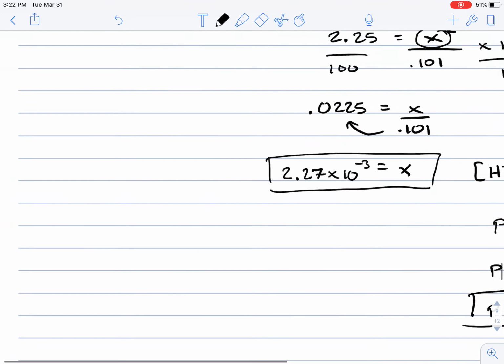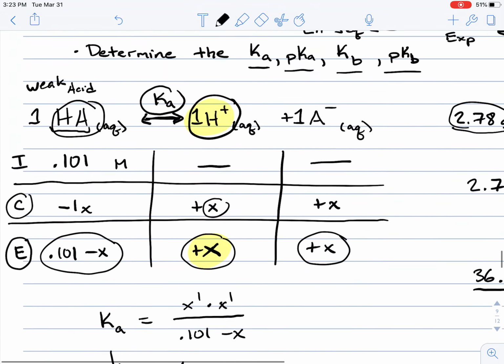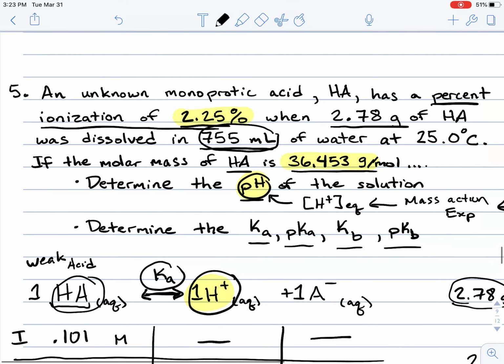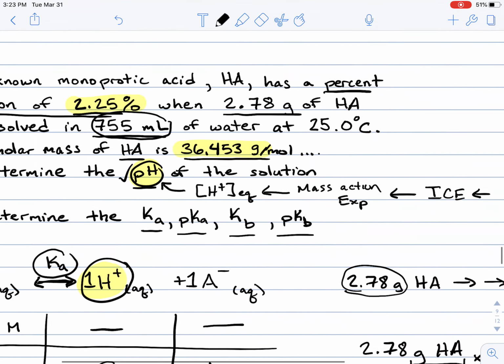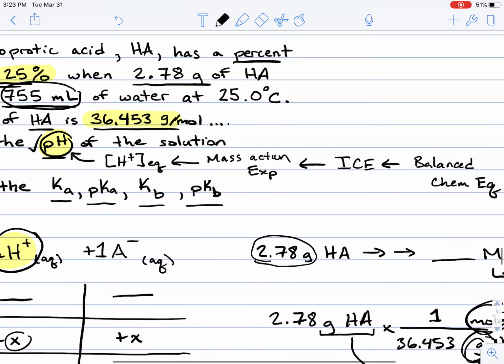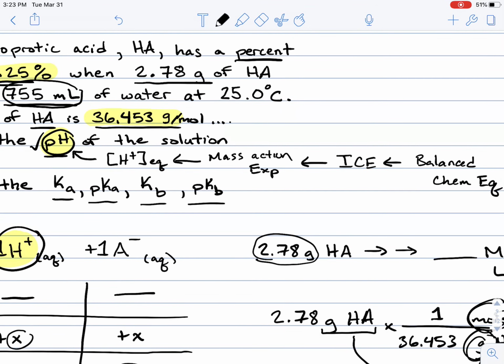Cool. So here we've addressed the pH. Notice that we didn't figure out the pH through conventional methods as seen in previous problems. We didn't really use the mass action expression to determine the H+, and that's okay.